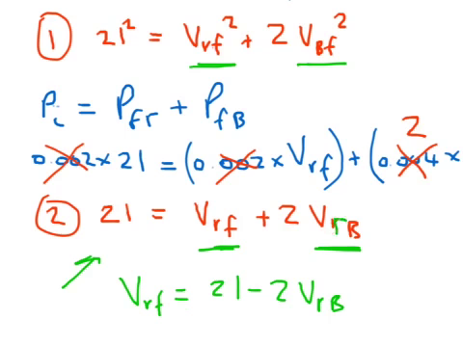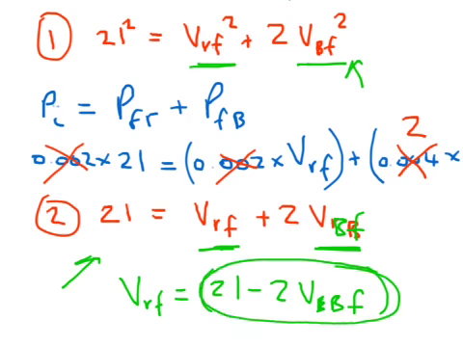That's meant to be VBF, V blue final, the same as it is up here. Now this value for VRF, I can substitute into the first equation and square the whole lot. Or if I wanted, I could square it first and then rearrange it.